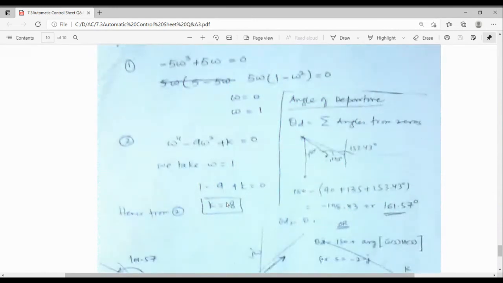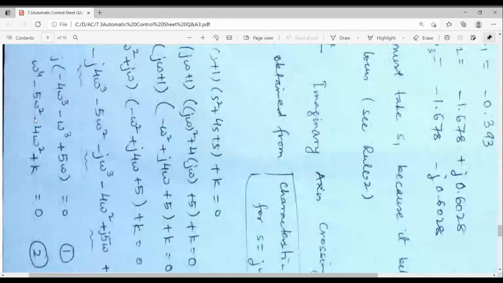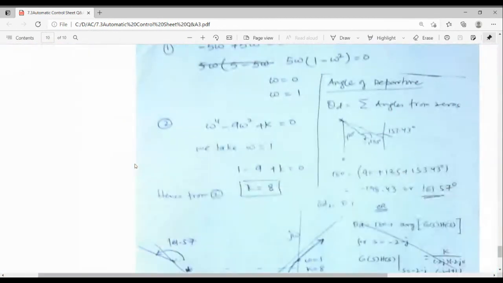If you take omega equal to 1 and substitute in the second equation, we get two equations here, this and this. By this equation you will get omega equal to 0, omega equal to 1. By this equation you will get k equal to some expression. If you substitute omega equal to 1, you get k equal to 8.